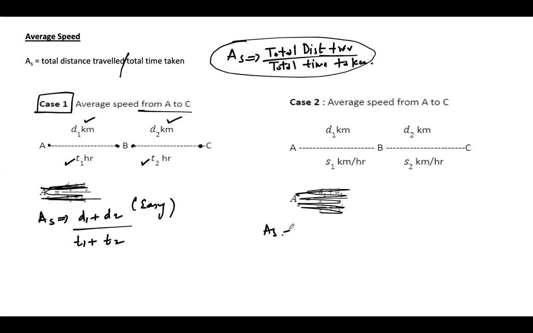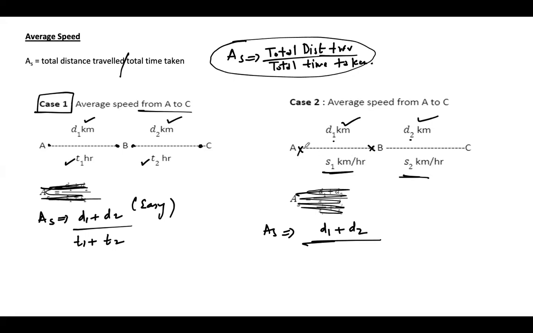Look at case 2. Case 2 is the same, average speed from A to C. Right now distance is given and speed information is given. There's no time information given. So the numerator will be the same, D1 plus D2. In the denominator, you will use the speed formula. Speed is distance upon time.